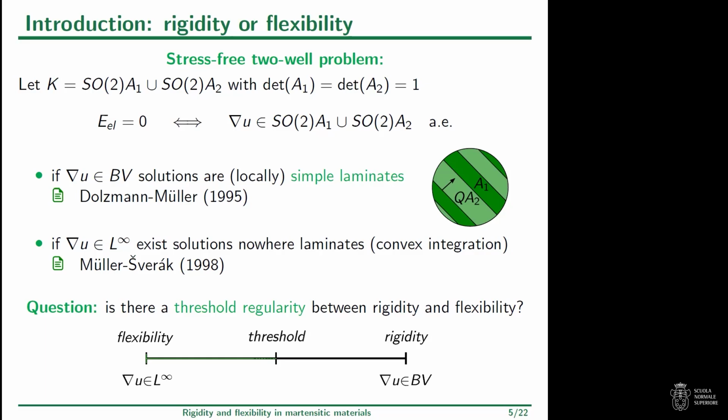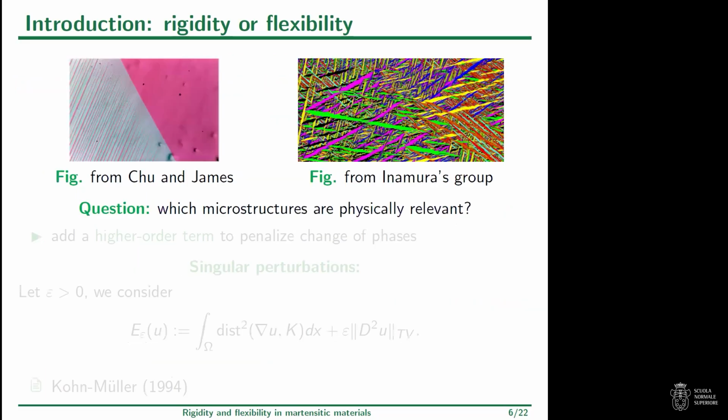But this also has a counterpart in applications, if you want. That is, which of these microstructures, which of these minimizers or minimizing sequences, correspond to really realistic microstructures that you really see in materials, so that are physically relevant.